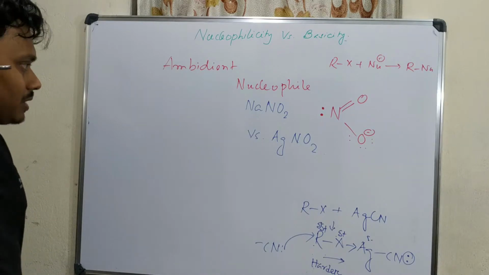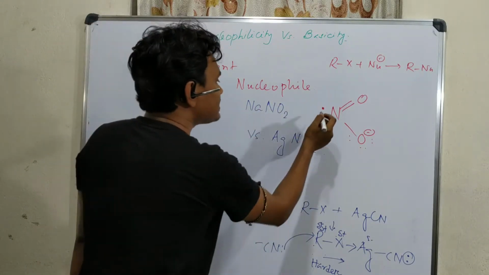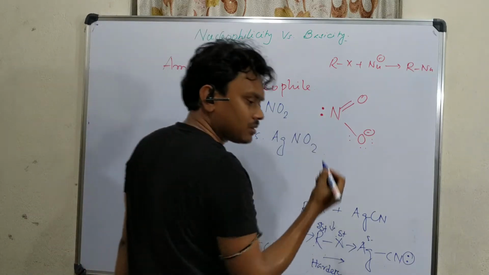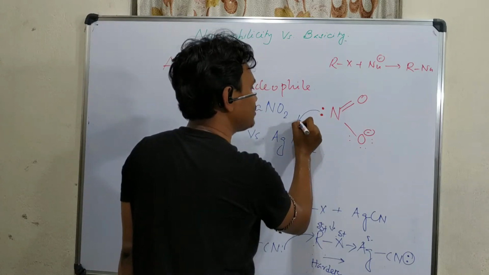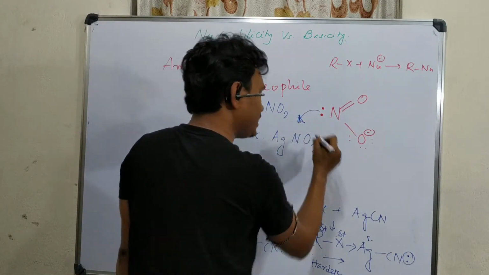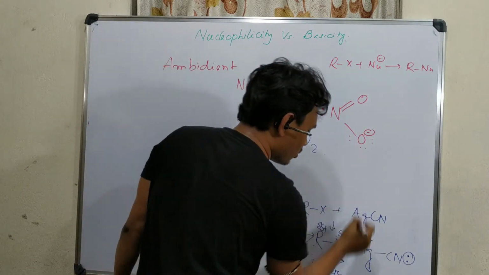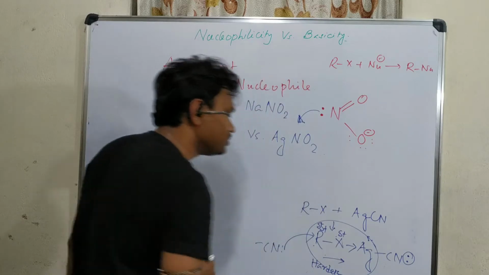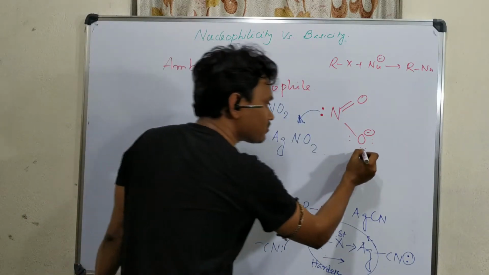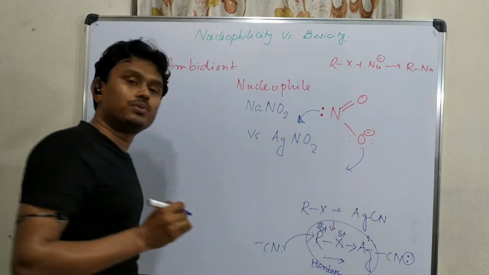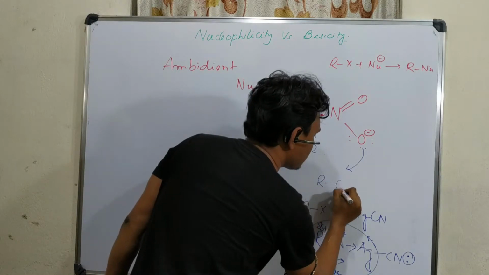When we add sodium nitrite, like sodium cyanide or potassium cyanide, the attack happens on this side. But when alkyl halide with silver nitrite is added, silver forms this complex, and consequently the carbon center becomes harder, more charged. That's why this oxygen attacks to produce the RONO.